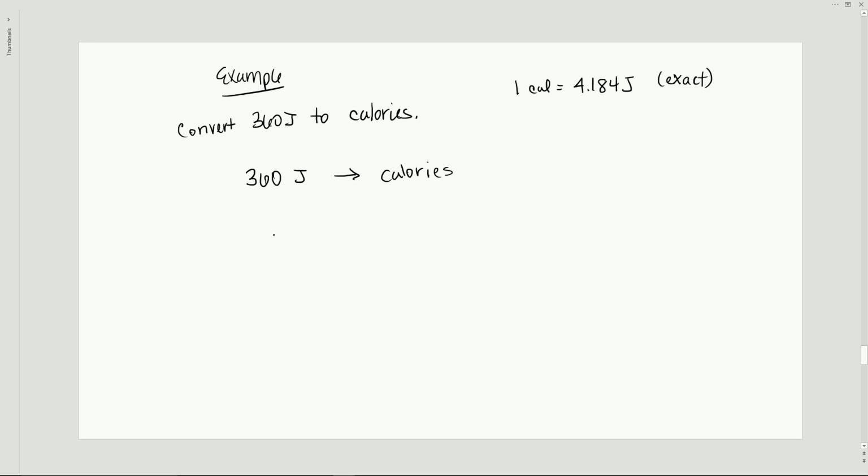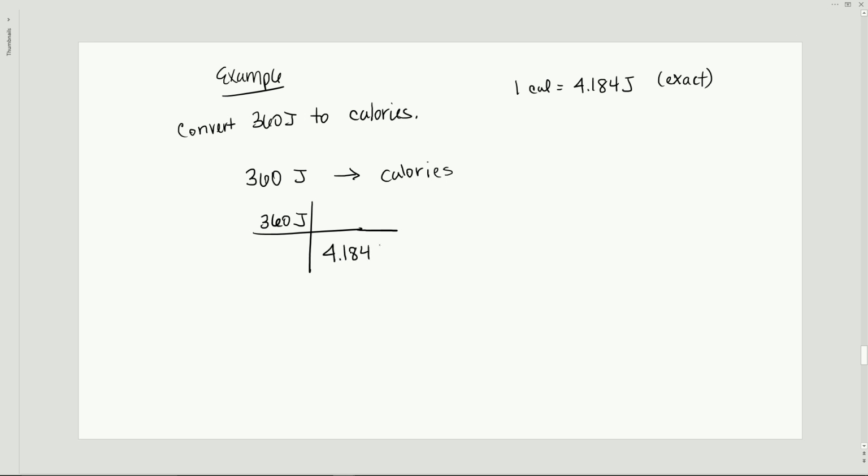So we'll set it up, 360 joules. And we have joules in our numerator, so in order to get the joules to cancel, we need to put joules in the denominator.